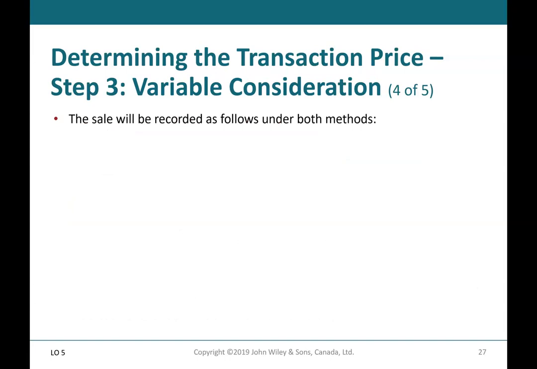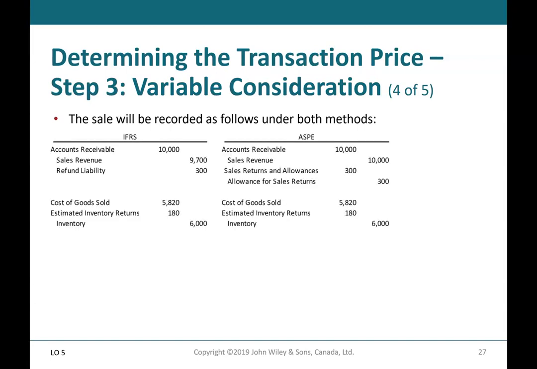Determining the transaction price, Step 3, variable consideration, 4 of 5. The sale will be recorded as follows under both methods. Under IFRS, you would have accounts receivable $10,000, sales revenue $9,700, refund liability $300, cost of goods sold $58.20, estimated inventory returns $180, inventory $6,000.